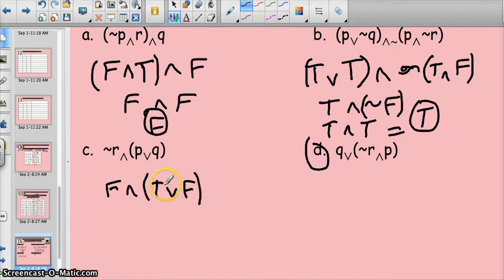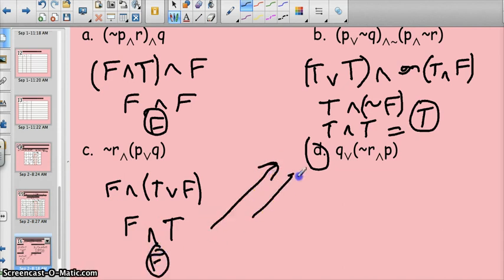Well, either or is true. This guy's true, which means this one must be true. I copy these guys, which are outside the parentheses. And F and true. Well, for and to happen, they both have to be true, and they're both not true. So this statement as a whole must be false. Please finish D for me and have it ready when you walk into class tomorrow.